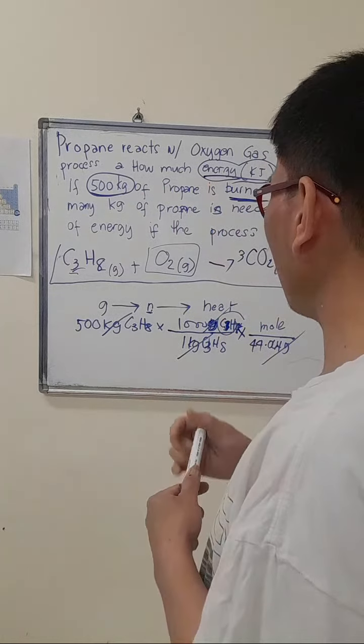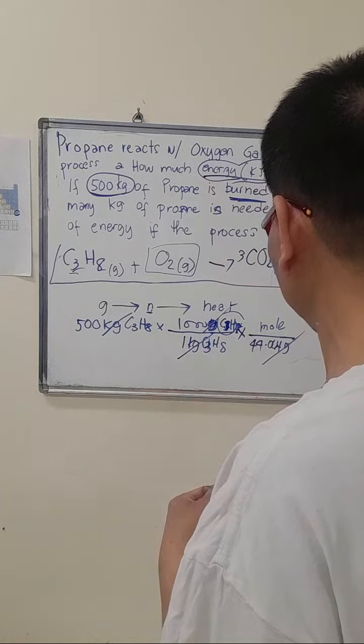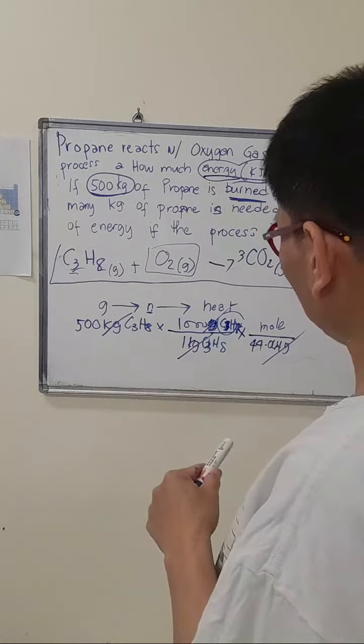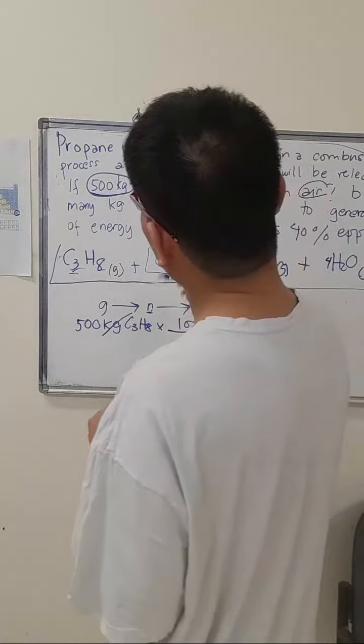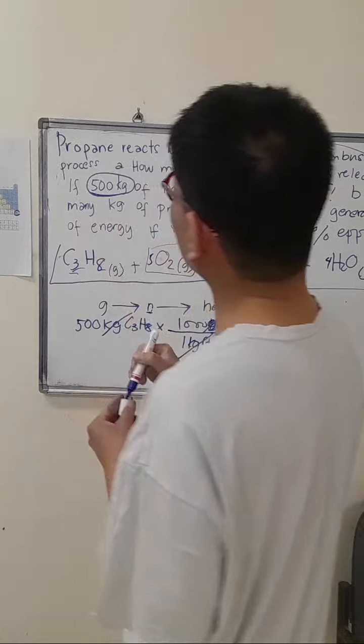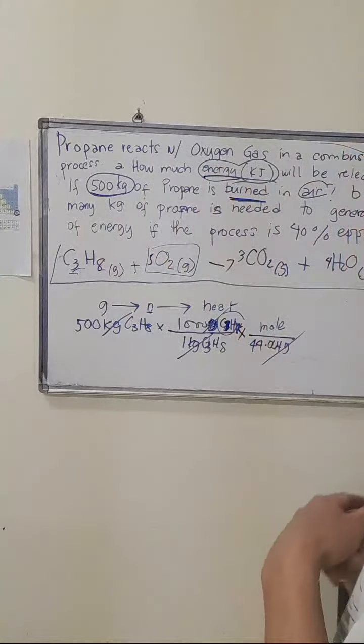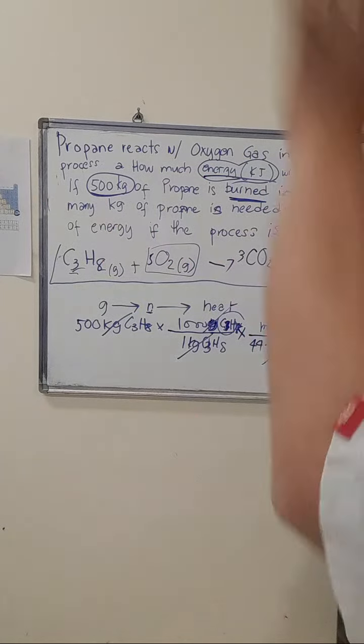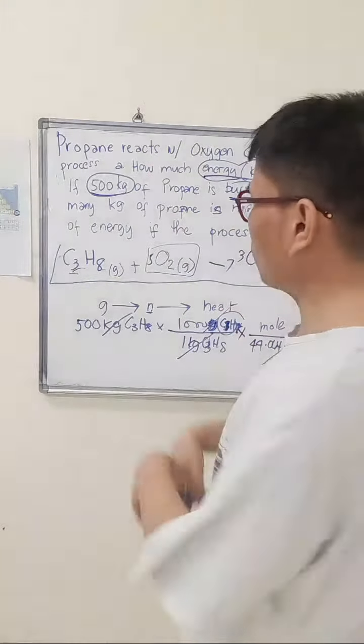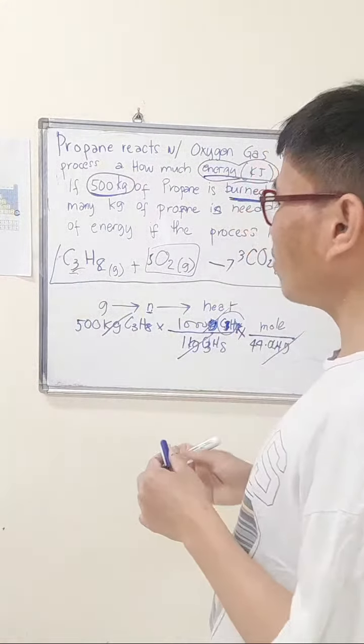Then oxygen, 6 plus 4, 10. Therefore, we conclude 5 will be the moles of oxygen gas. Review: carbon 3, hydrogen 8, oxygen 10, 6 plus 4, 10. Perfect! Our combustion of propane has been balanced completely.